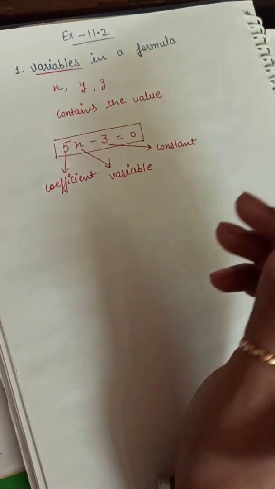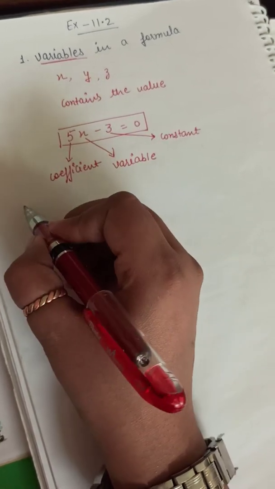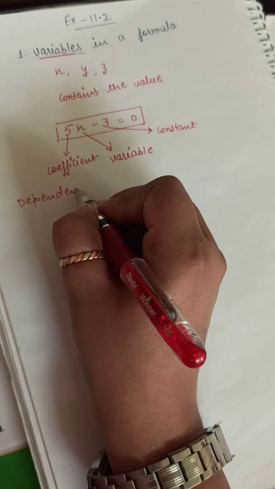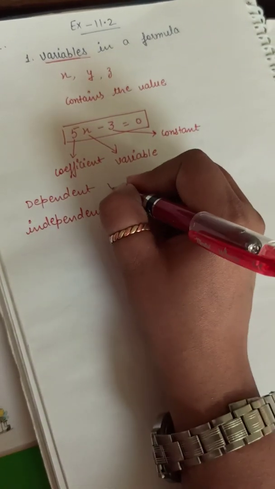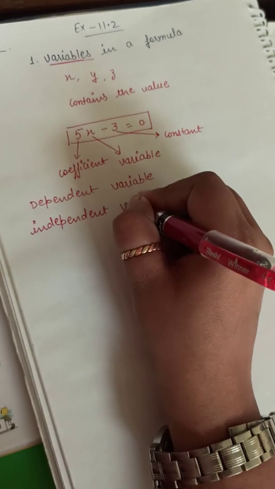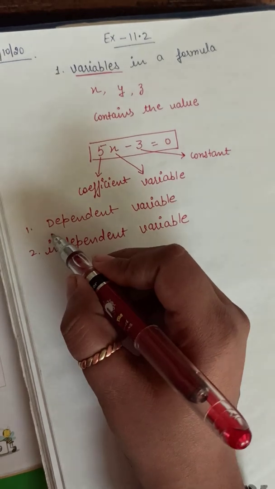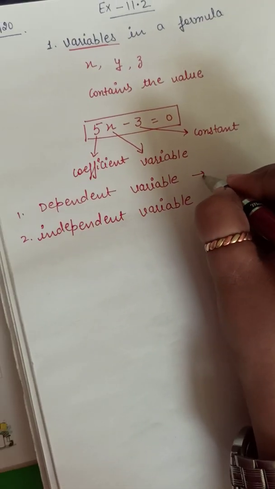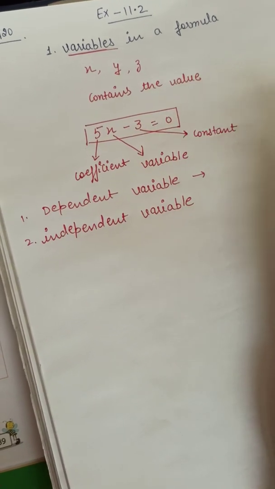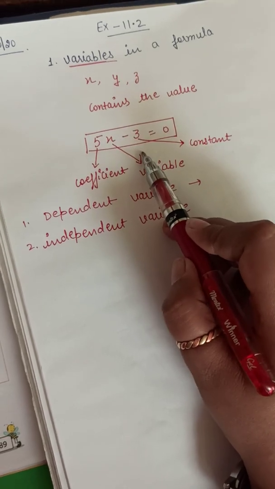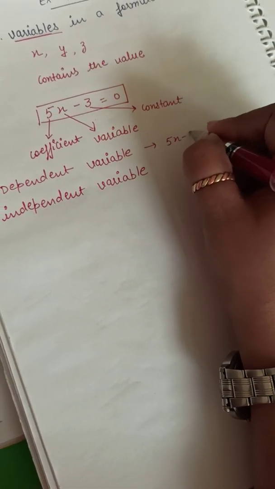Now, in yesterday's lecture, exercise 11.1, you studied about dependent and independent variables. A dependent variable simply means the variable depends on other values for its value, like 5x minus 3.